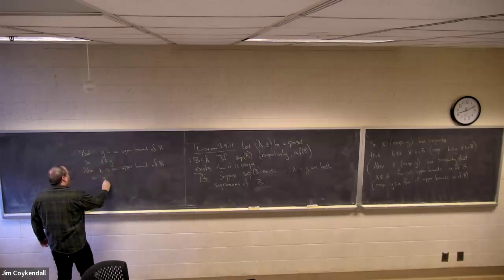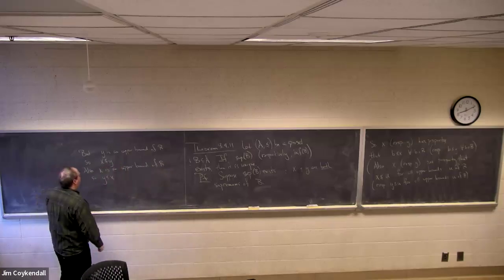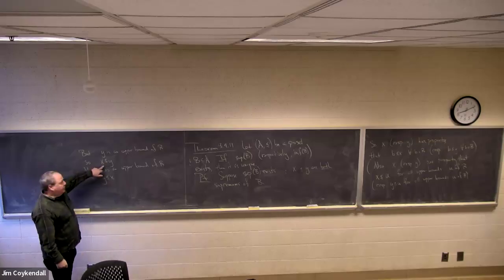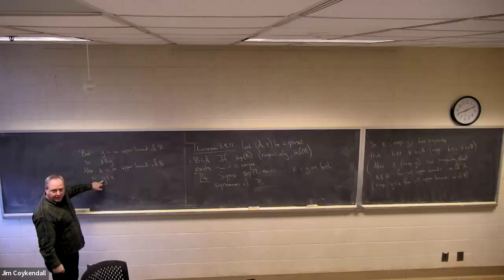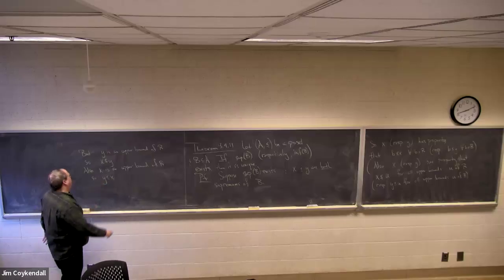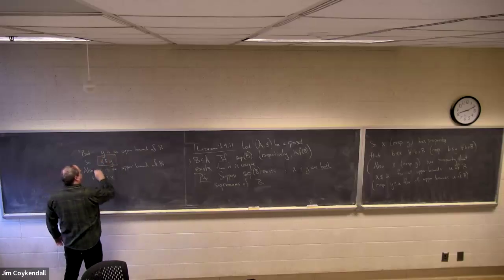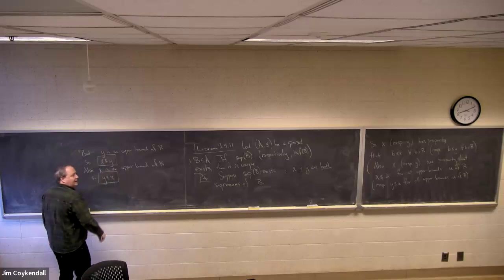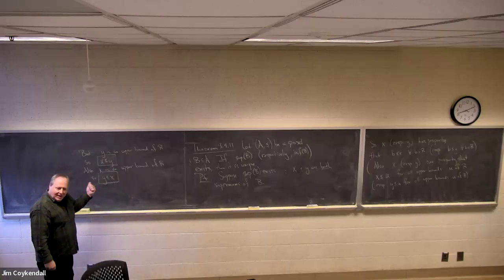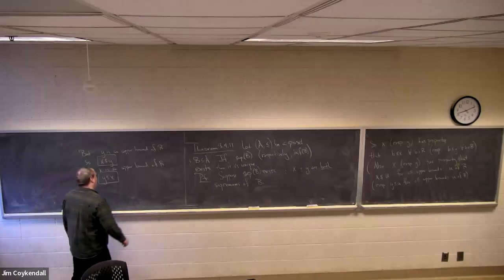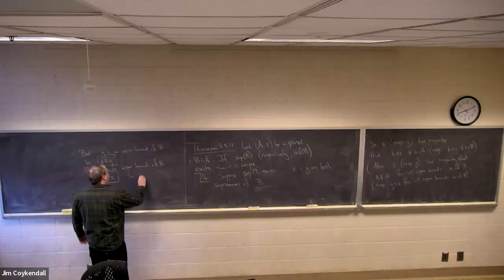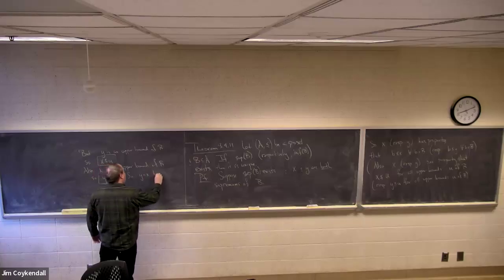So Y is less than or equal to X. Right? X is supposed to be a supremum, so it's less than or equal to every other upper bound, namely Y. But Y is also a supremum, so it's less than or equal to every other upper bound, namely X. So what can we conclude from this? That's right. X is less than or equal to Y, and Y is less than or equal to X. So Y equals X by anti-symmetry.